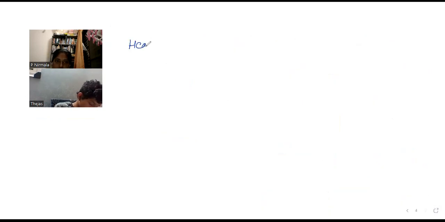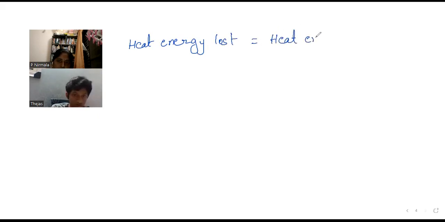So heat energy lost equals heat energy gained.